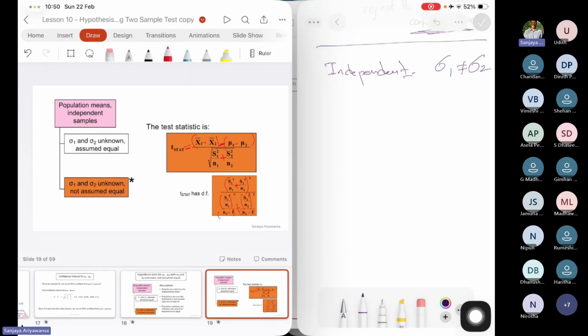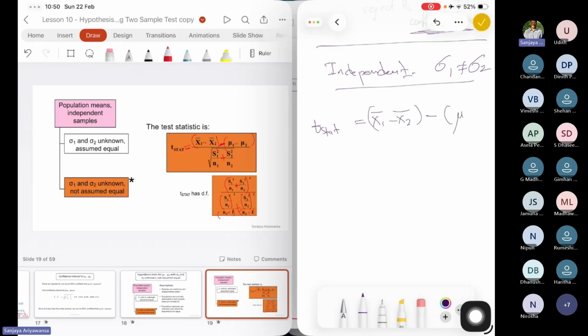Okay. So in this particular case, your t-test statistic numerator is the same. Point estimate x1 bar minus x2 bar minus mu1 minus mu2. In the denominator, now you don't have a pooled sample variance. Why not? Because your two population standard deviations are different.